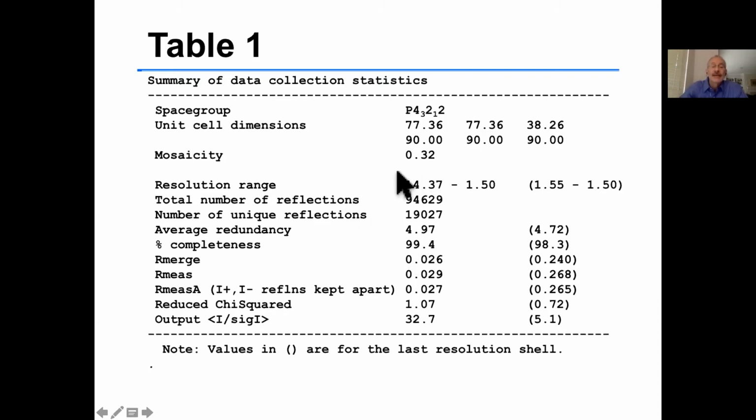In any event, for this given resolution range, you can actually predict all possible reflections. It's simply a geometric problem, and you want to collect as close to 100% as you can get.